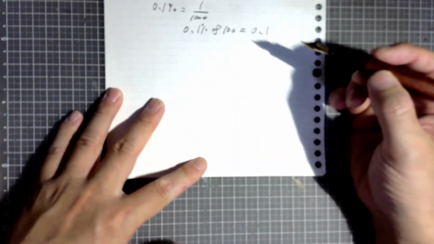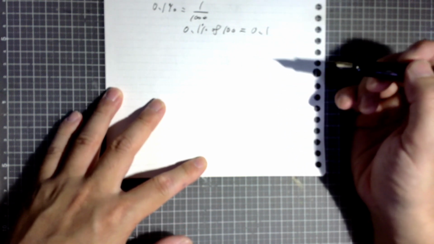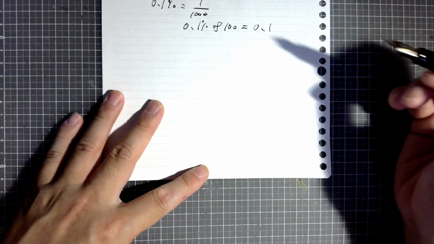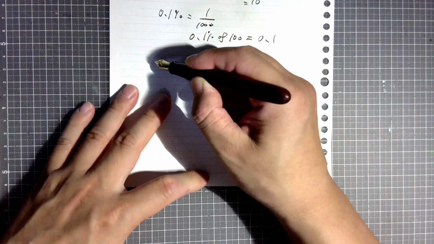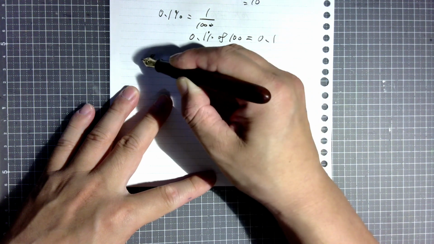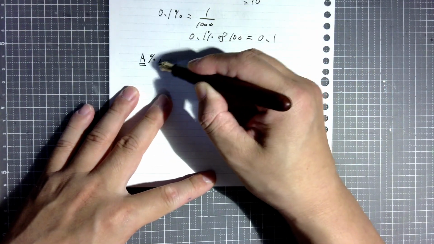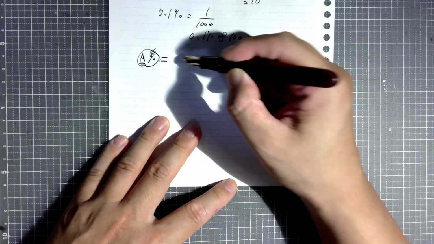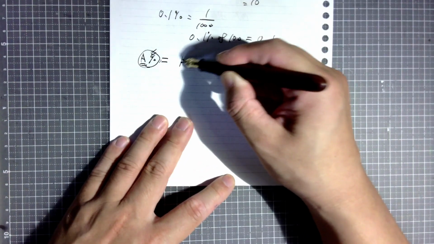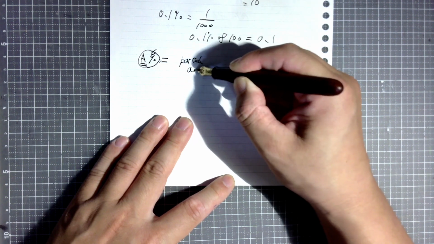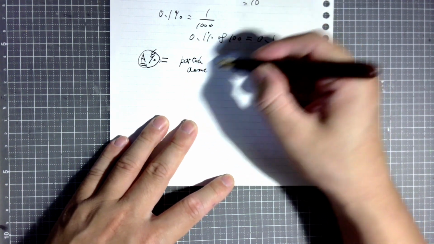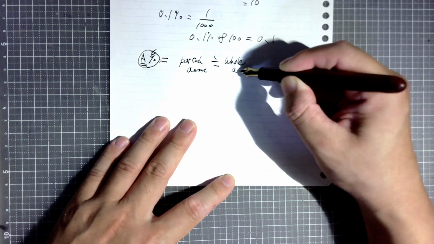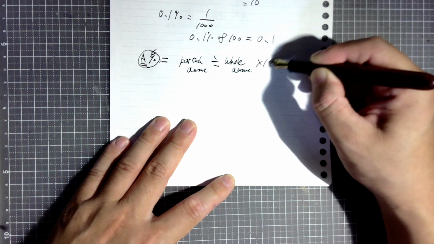Okay, next one. There is an expression you can use to find out how many percent something is. When you want to know the percentage of something, the percentage is given by the partial amount divided by the whole amount times 100.